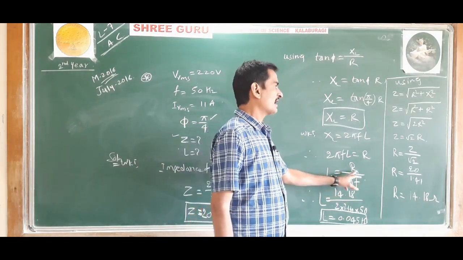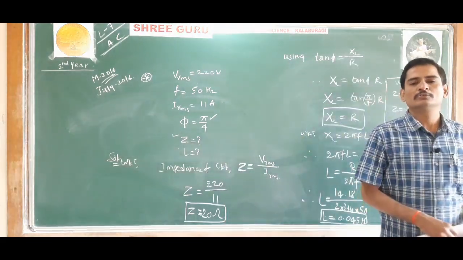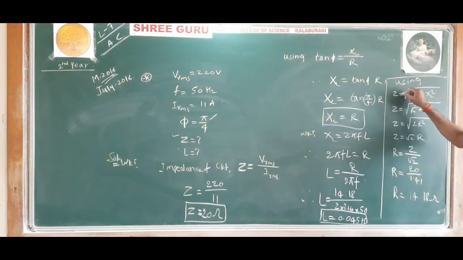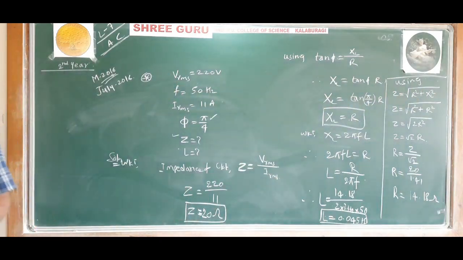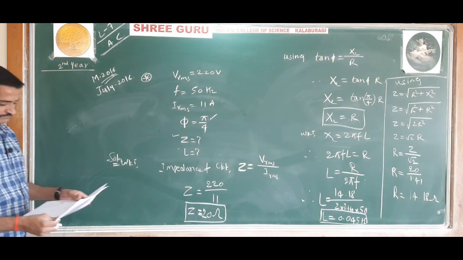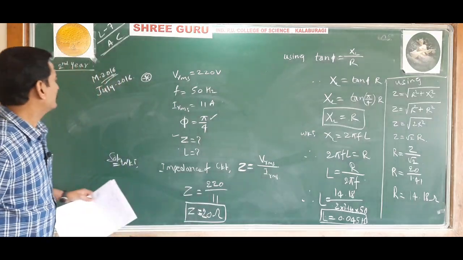The R value we did not know, so to calculate R, once again we used this formula, and we get the R value, substitute it and you get the answer. Understood? Okay. Next question.